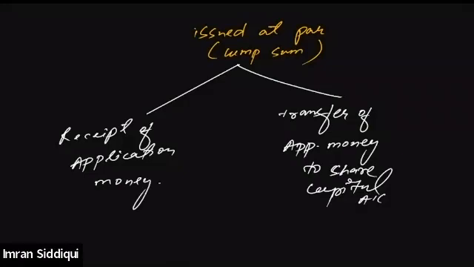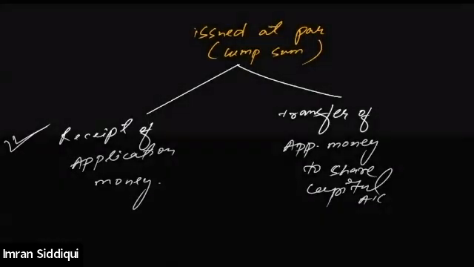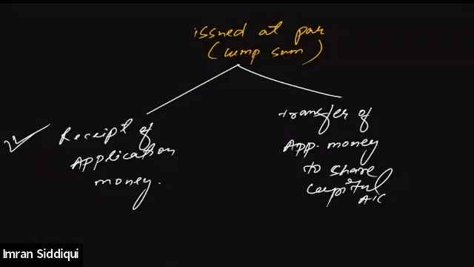All right, I hope this is clear. So as soon as the application money is received, we pass the journal entry as bank account debit to share application and allotment account. And similarly, when we need to transfer application money to share capital, that time we pass the journal entry as equity share application and allotment account debit to share capital account.